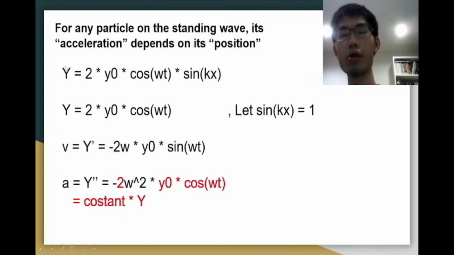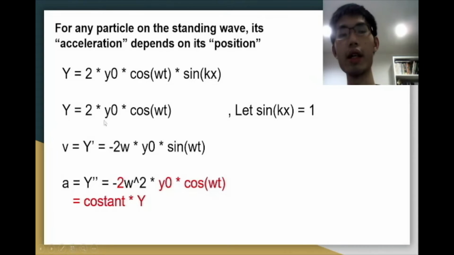The capital Y denotes the particle's position, and capital Y equals 2 times y0, which means the initial position of the particle, times cosine omega t times sine kx. We notice that the sine kx is actually an initial position term. So if we want to focus on only one particle, we let this term be a particular number, for example 1. So we get y equals 2 times y0 times cosine omega t.